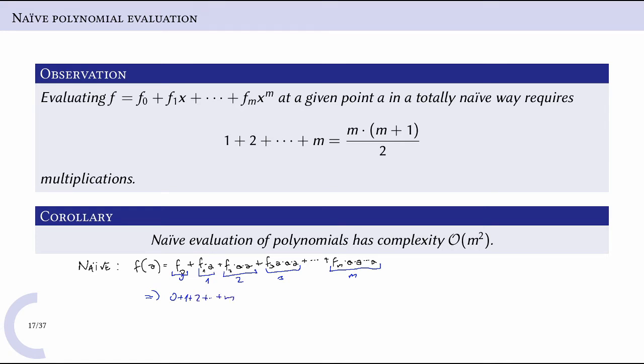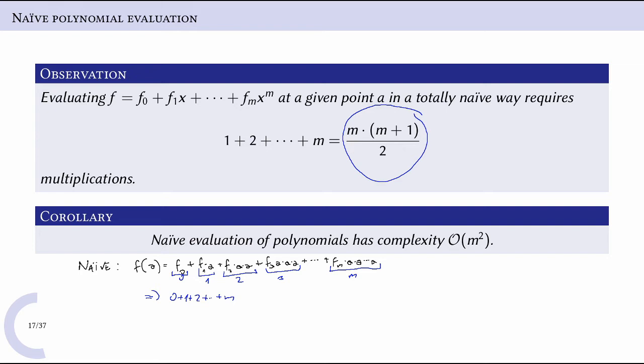So as we see here, it's m times m plus 1 over 2 multiplications. So the complexity of evaluating a polynomial in such a naive way is, as is obvious, quadratic.